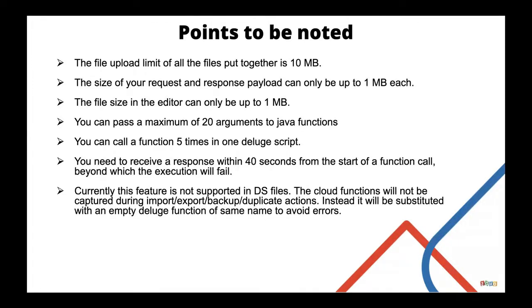So I will show you two examples for the Java code. One uses a feature of Java which could not be achieved directly today using Deluge, that is, image watermarking. The other one is the Java code showing how we overcome some of these restrictions. Like you have a maximum payload, how do we avoid it?